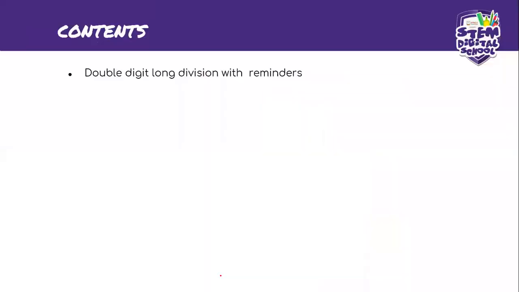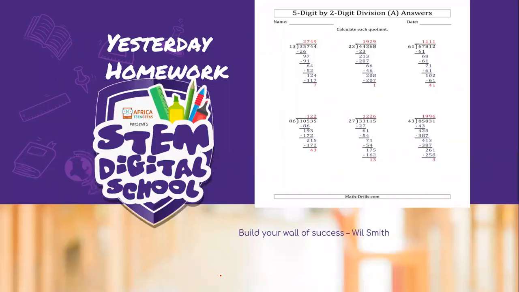But let us get into the lesson. We're looking at double-digit long division with remainders. Yesterday, this was your homework. I used this intentionally because I wanted it to tie into today.